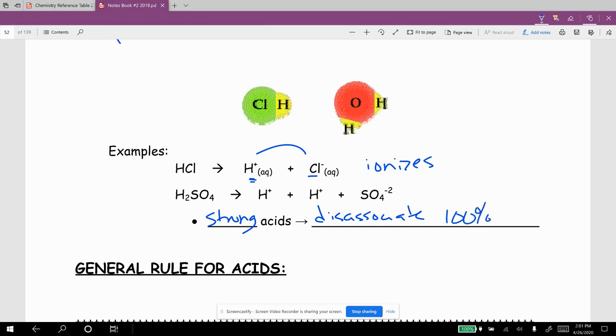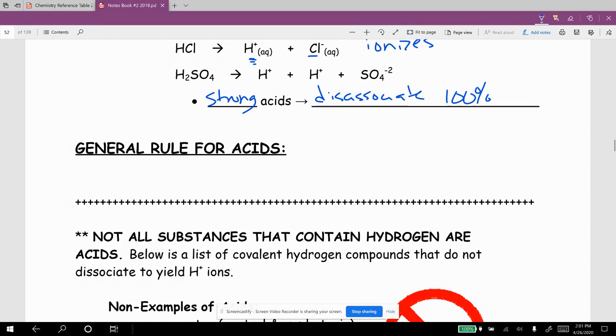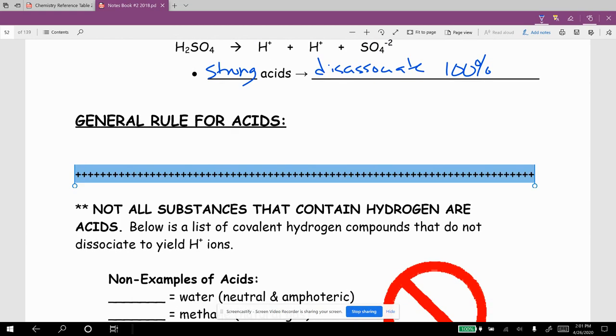That means they have more of that H that makes them stronger acids. So the general rule for the acids is you've got your H plus in the front, which is the H3O plus. And we're going to call that the hydronium ion.